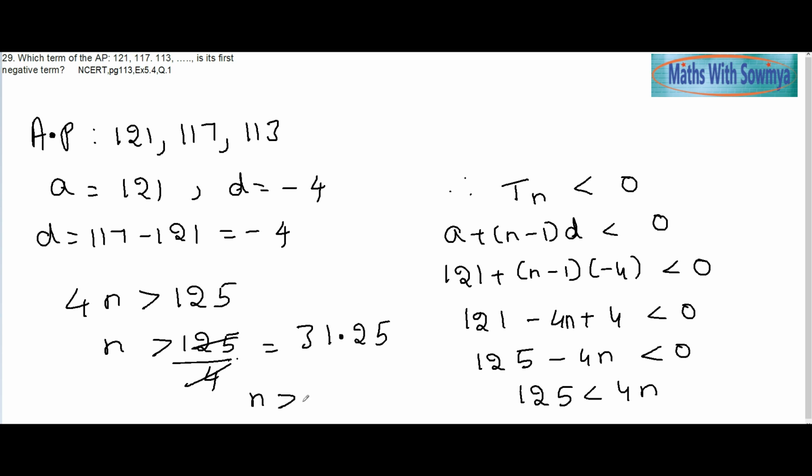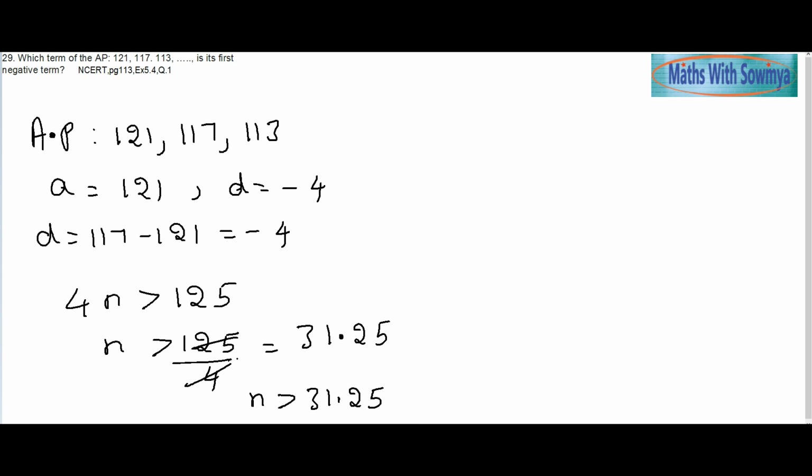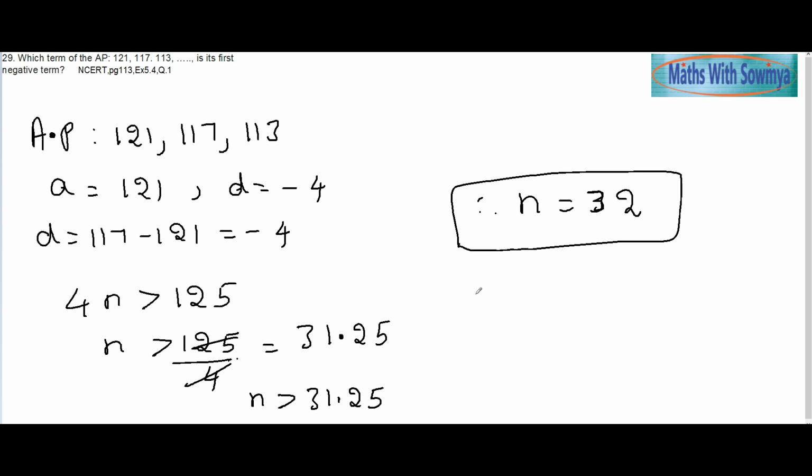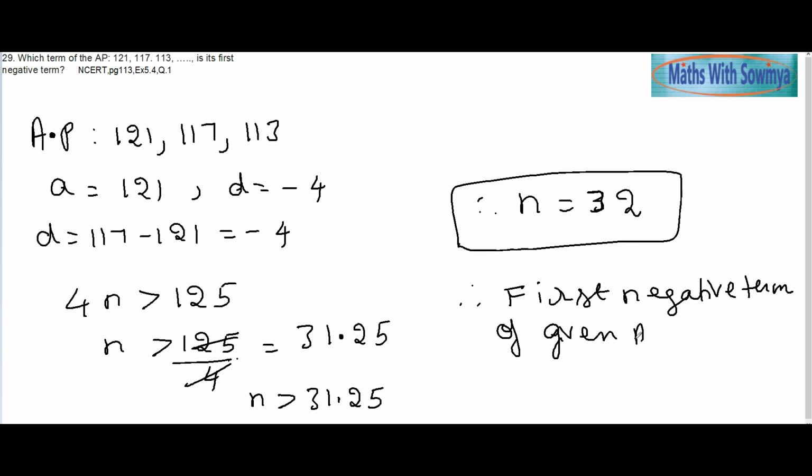That means n is greater than 31.25. Obviously n is not a fraction or a decimal, so greater than 31, the nearest one is 32. So the value of n is 32. Therefore the first negative term of the given AP is the 32nd term.